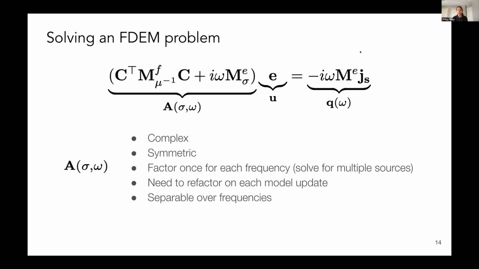It's separable over frequency, so that means it can be parallelized over frequency. If we're doing an inversion, it depends on the conductivity, so every time we update the model, this needs to be refactored so that we can solve it again. That's the basic system that we're going to go ahead and work with.